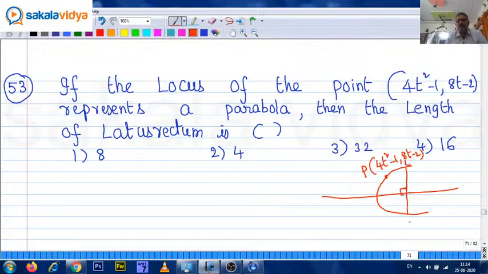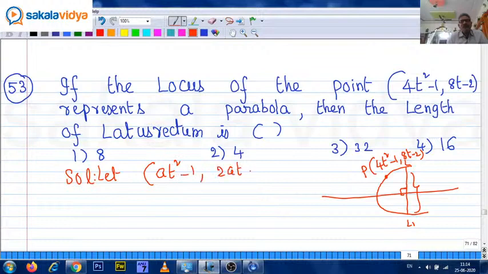So L and L dash. This length we need to find out. Suppose let this will be like this: at square minus 1 comma 2at minus 2 equals to 4t square minus 1 comma 8t minus 2.